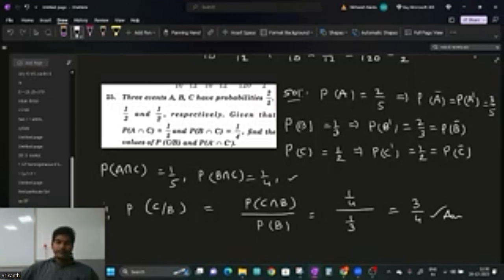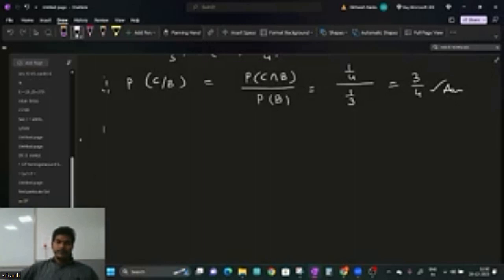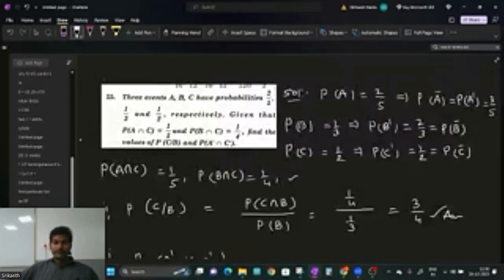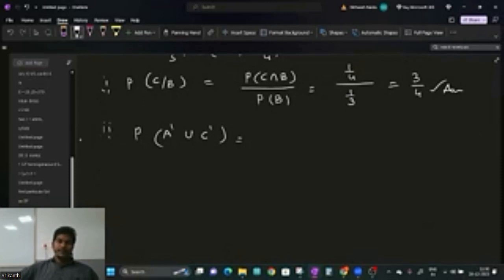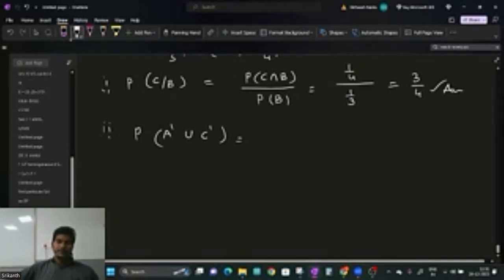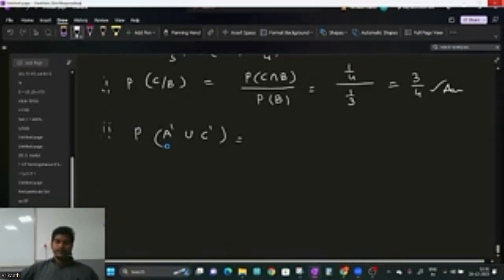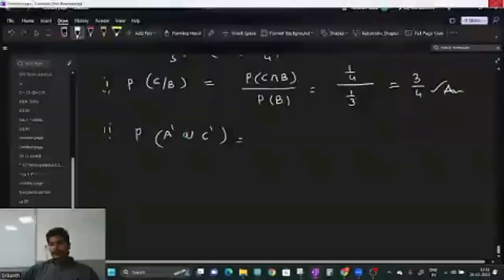And next question. Second question is P of A dash union C dash. Is it union or what? Intersection.